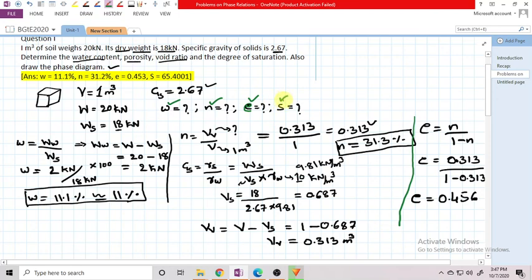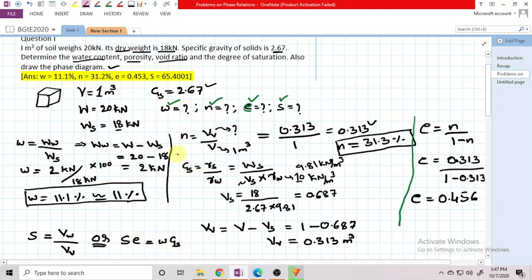Now the degree of saturation. How can I find out the degree of saturation? What is the formula? S equals volume of water divided by volume of voids, or I can use one more formula: S e equals w into Gs.